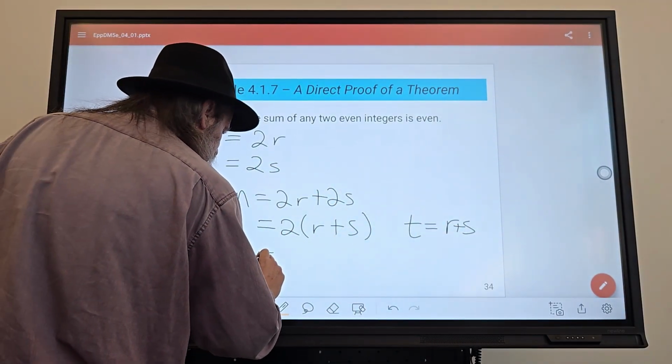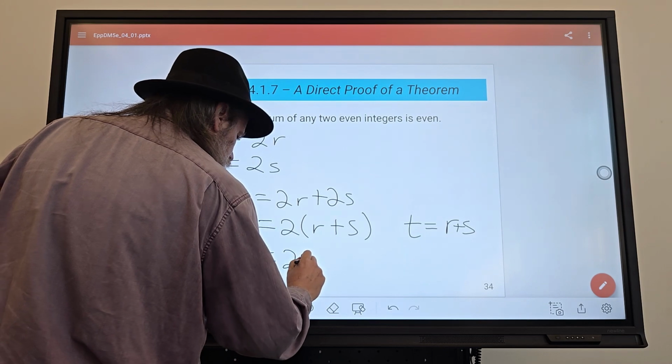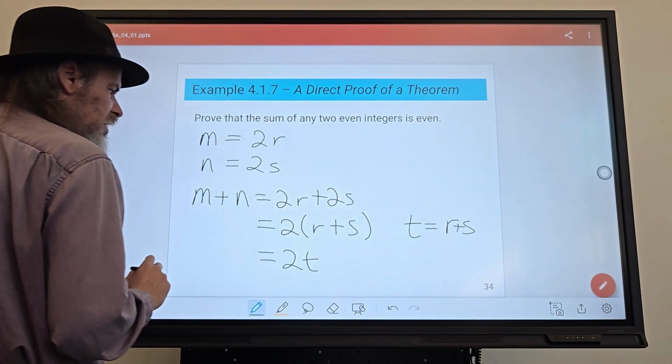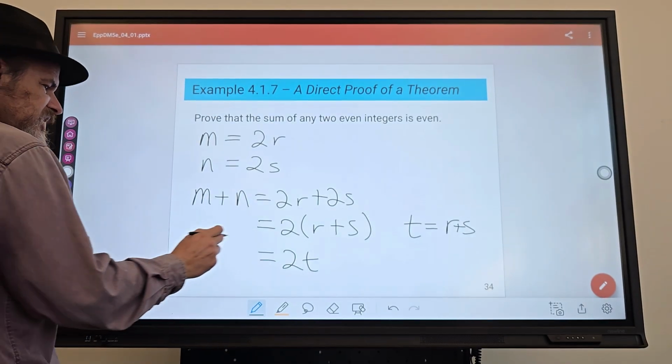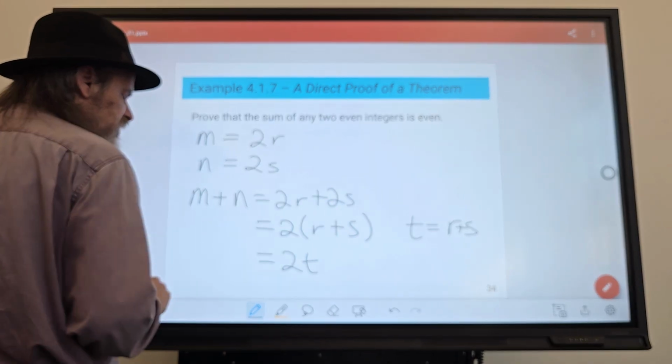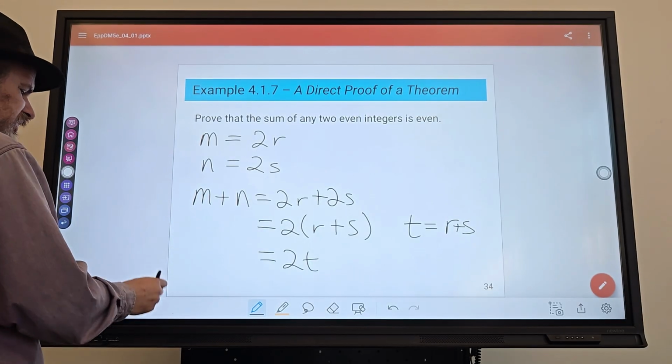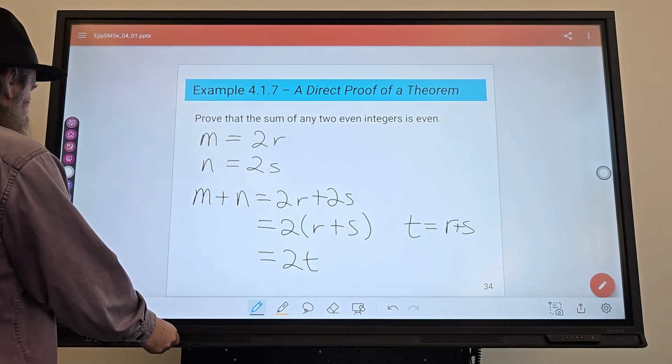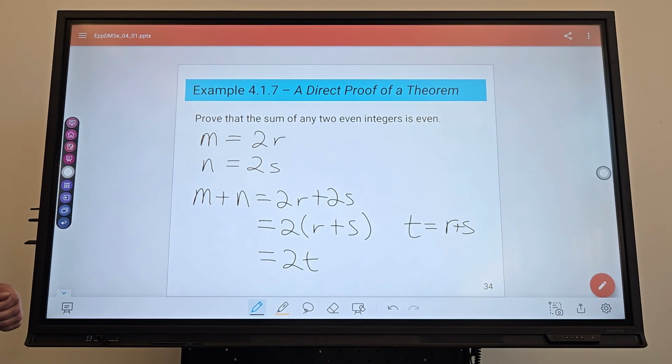So m plus n equals 2t. And since t is an integer, m plus n equals 2 times some integer. Therefore, m plus n is even. Does that make sense? Yeah? Yeah.